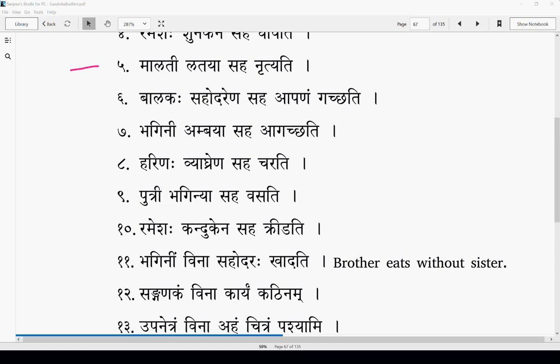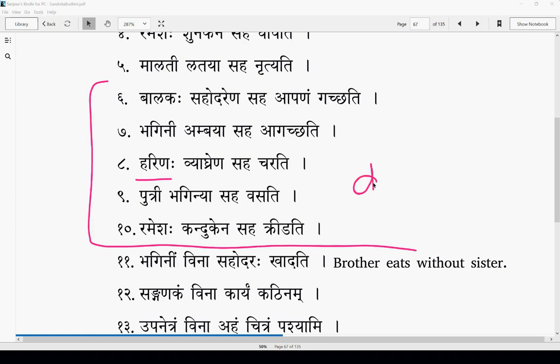Thank you. So here, any word meaning you want to know in these sentences? Oh, sorry, up to 10. Harinaha means deer. Vyaghraha, tiger.